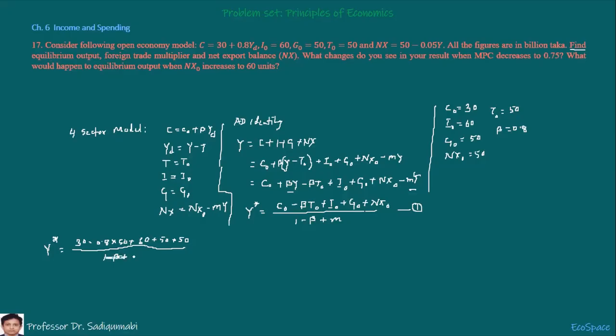Sorry, 1 minus 0.8 plus 0.05. Here small m equals 0.05. So this equals 150 divided by 0.25, which is equal to 600.